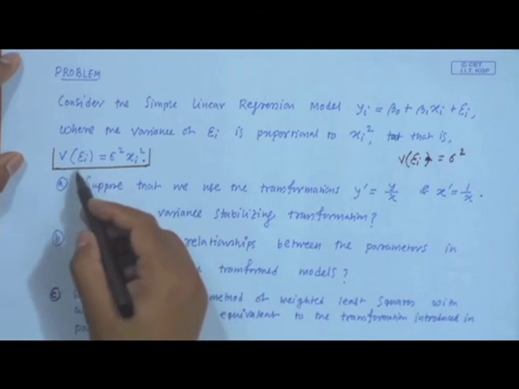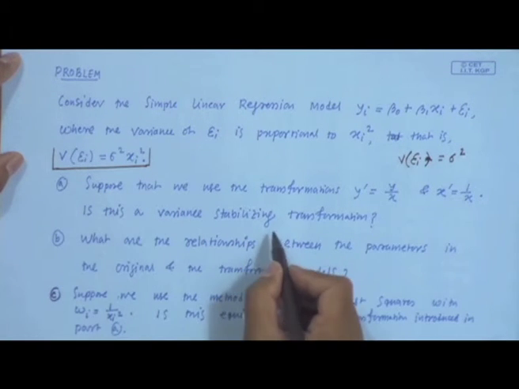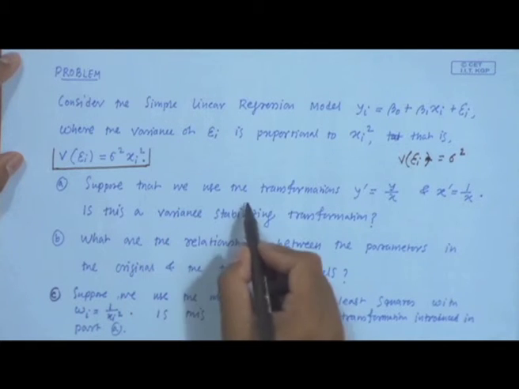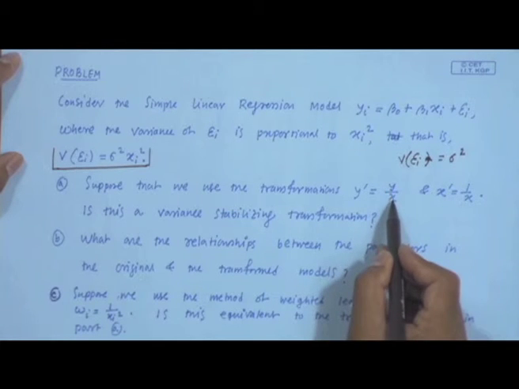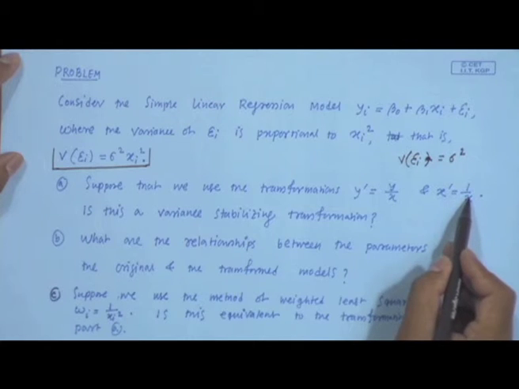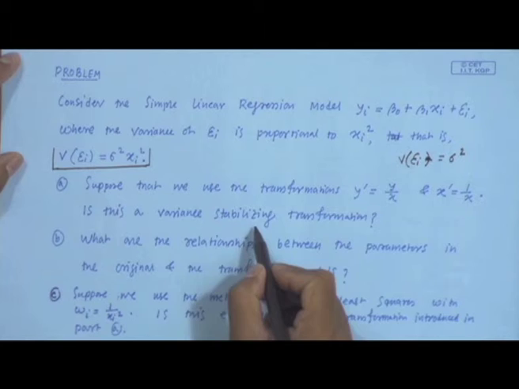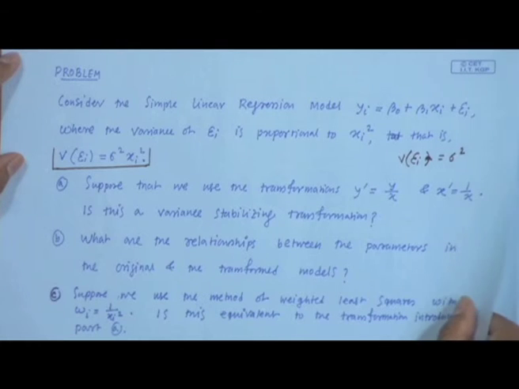Variance is changing for different i, and it is proportional to x_i square. Suppose that we use the transformation y prime equal to y by x and x prime equal to 1 by x. Is this a variance stabilizing transformation? Okay, first solve this problem.